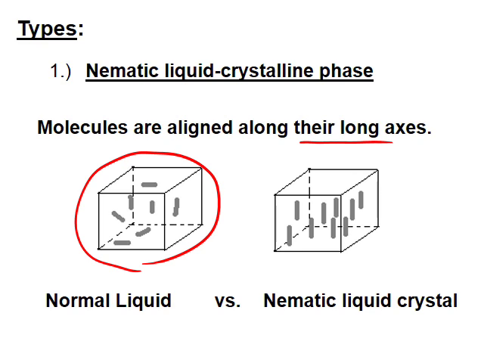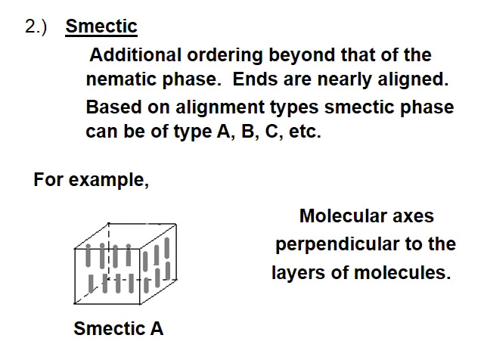The second type is called smectic. There is an additional ordering beyond the nematic phase. You can see that the ends are aligned. Based on alignment types, the smectic phase can be of the following types: A, B, or C.